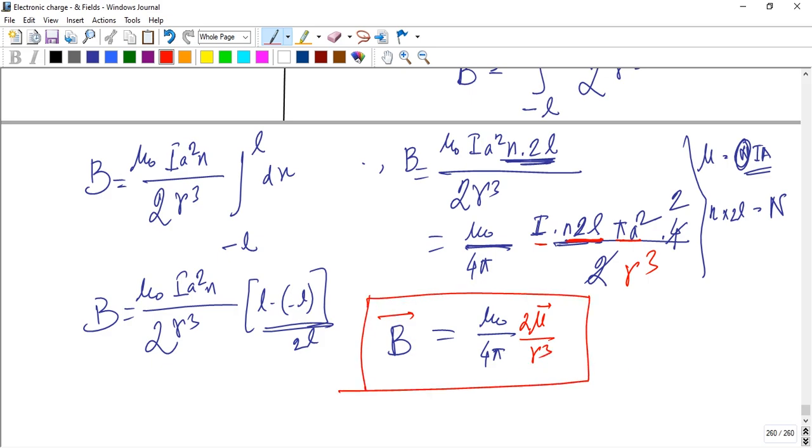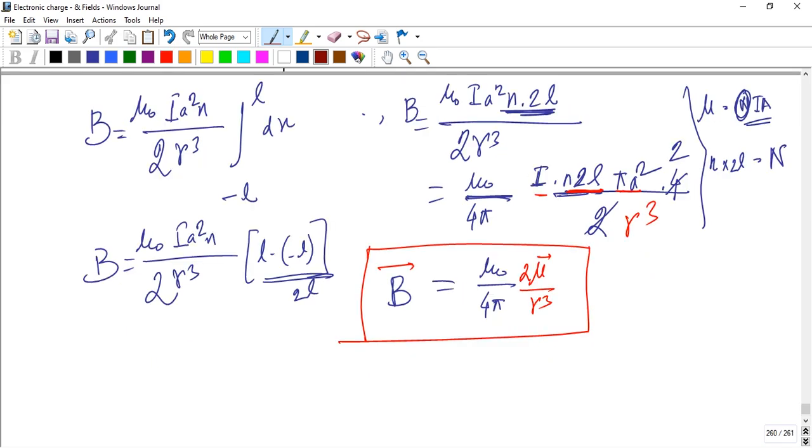The bar magnet is also equivalent to a solenoid. Here we get the final expression of B equal to mu 0 by 4 pi twice mu by R cubed, and this final expression represents the bar magnet treated as an equivalent solenoid.